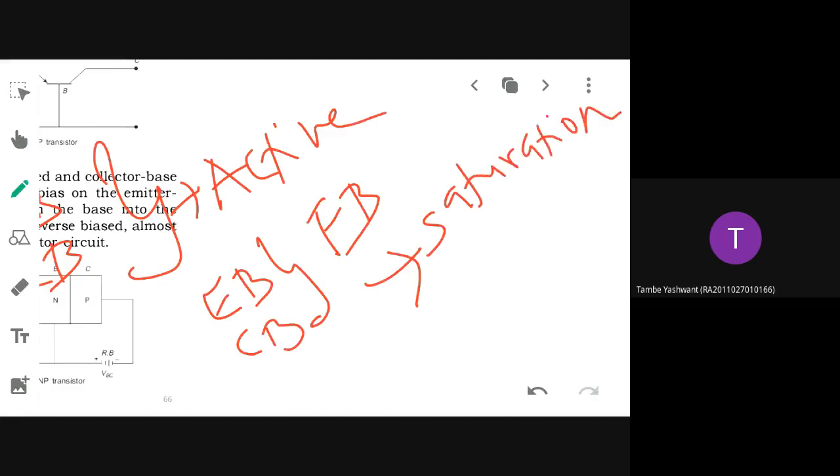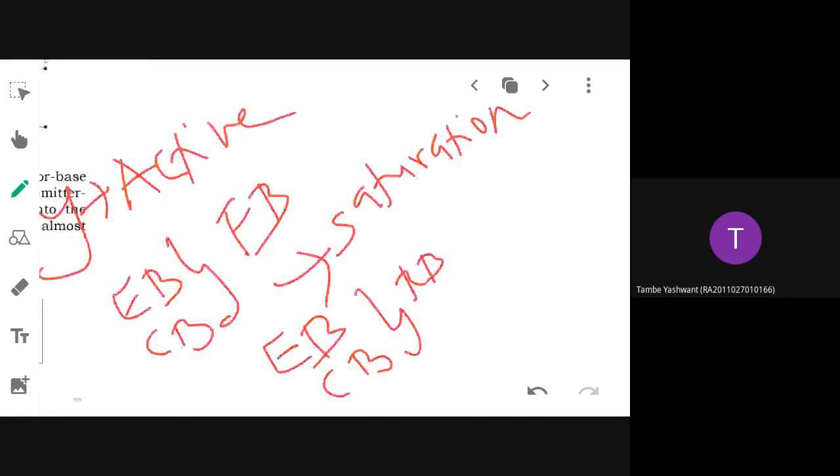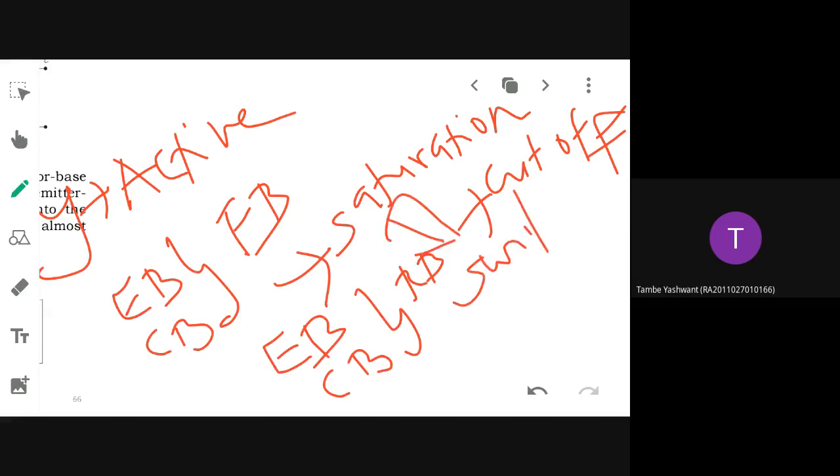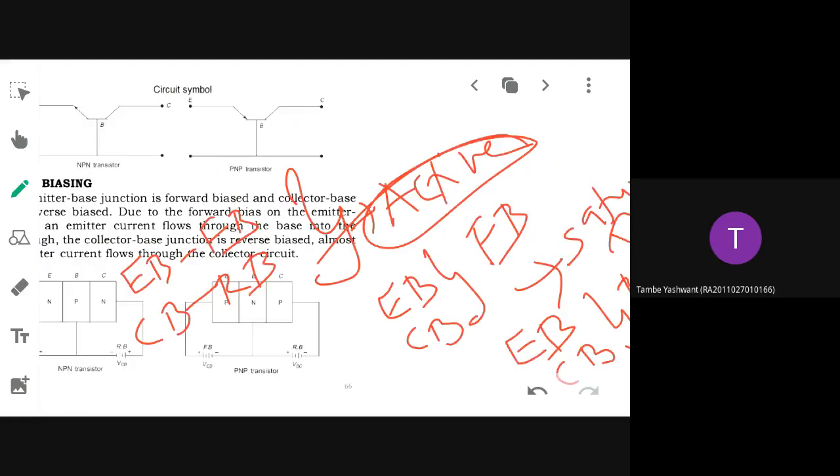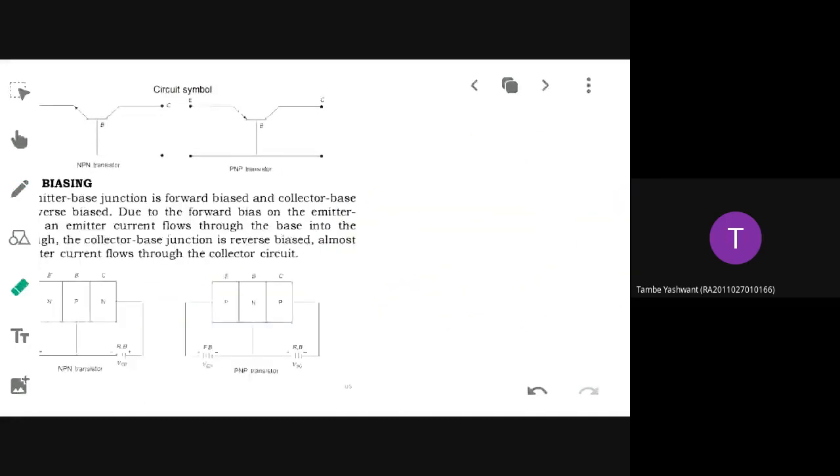Suppose third case, if both the emitter base and collector base are reverse biased, then cut off. Okay, so if you are combining these two in operation, it will act like a switch. When you are operating it with emitter base forward biased and collector base reverse biased, it will be acting like an amplifier. Understood the difference? Yes, got it.